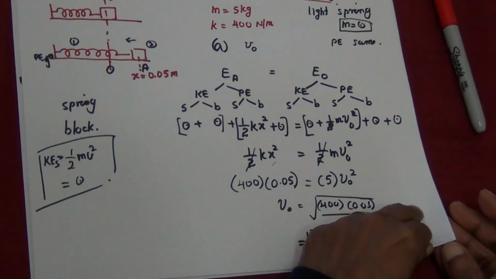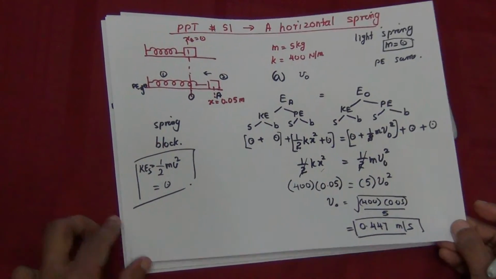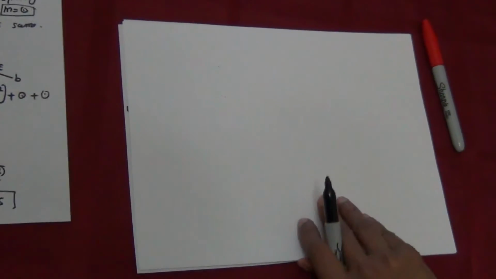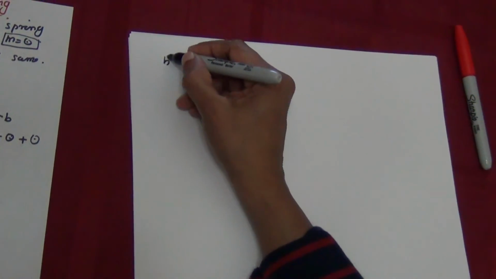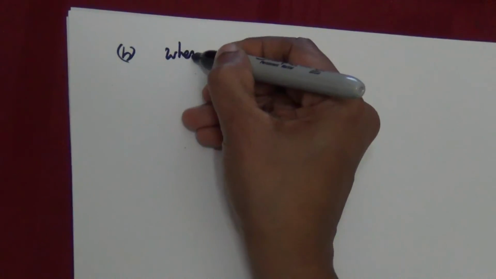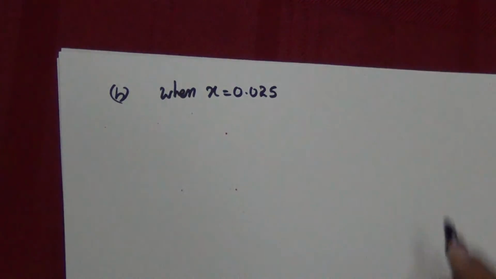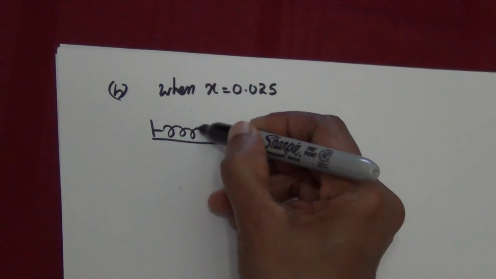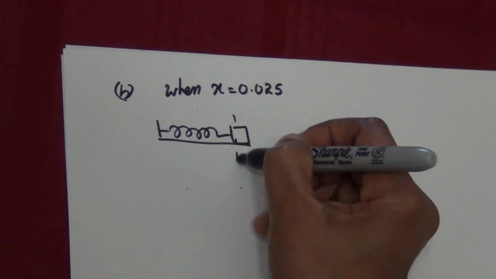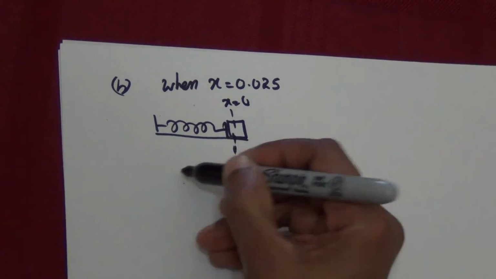So now let's see part B. It's a little more complicated. In part B, it asks: find the speed when x is equal to 0.025. So if I draw the diagram again, let's think this is the equilibrium position, x is equal to 0, right?